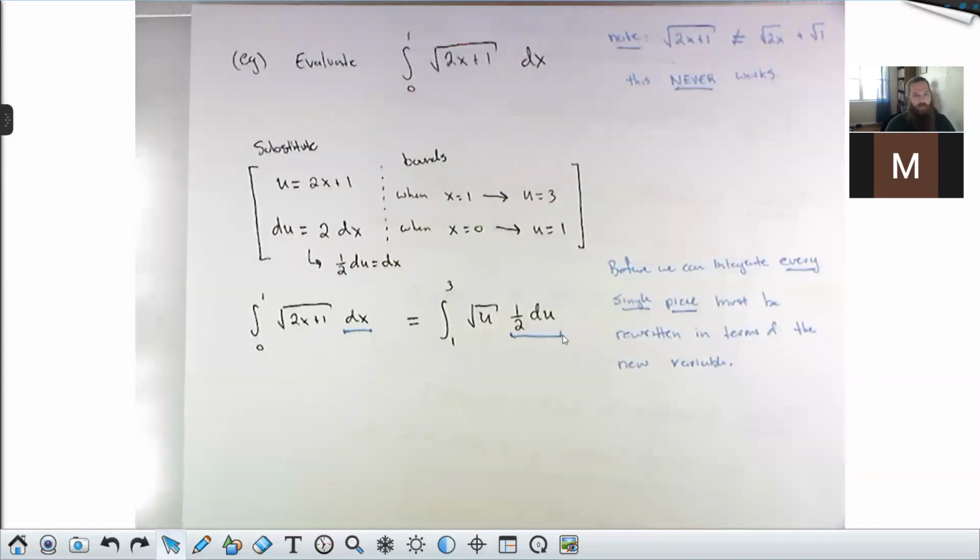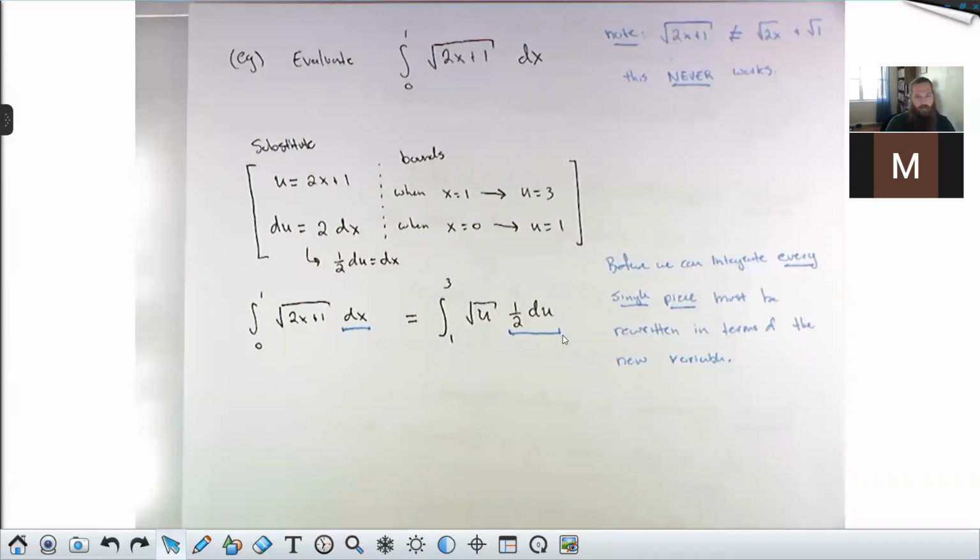So the old variable was x and the new variable is u. But before I can do anything with my integral, like if I just wrote this as the square root of u times dx, I couldn't do anything with that.